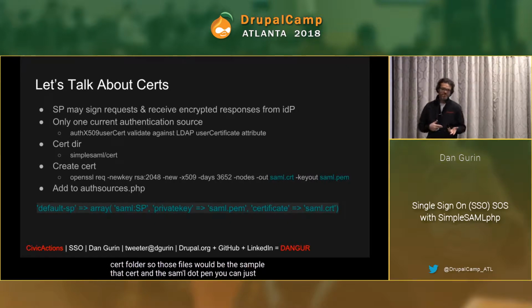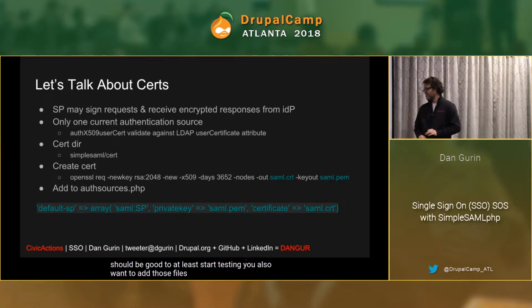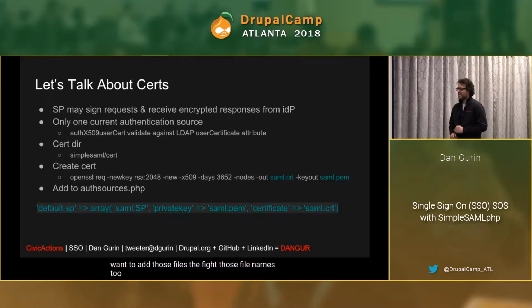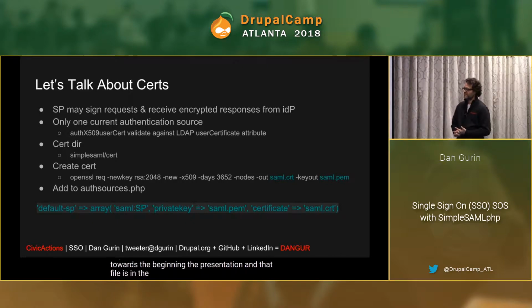You can just put both of those files in the cert directory, and this should be good to at least start testing. You also want to add those file names to your auth sources file that we had talked about towards the beginning of the presentation, and that file is in the config directory as well.